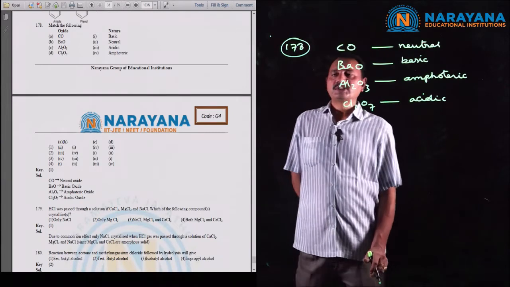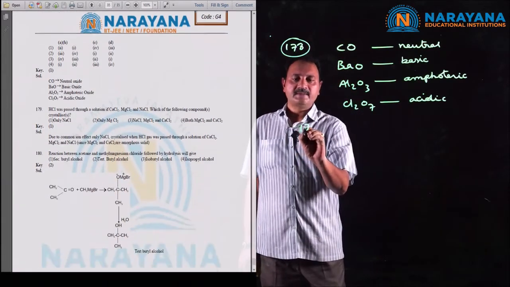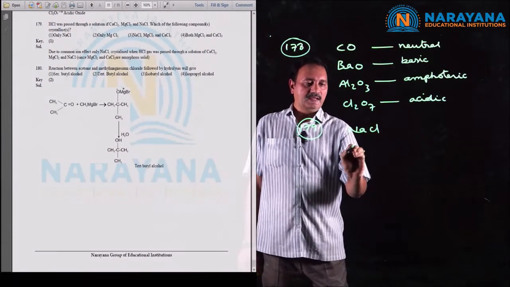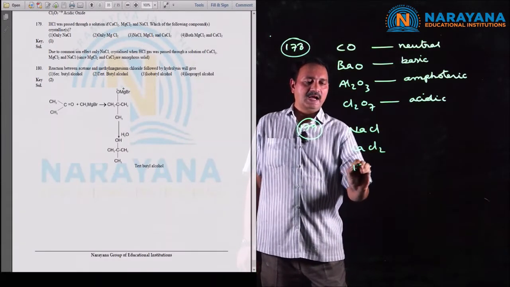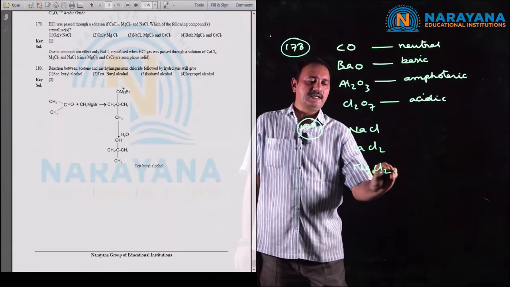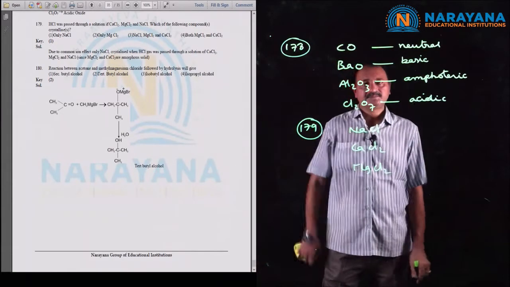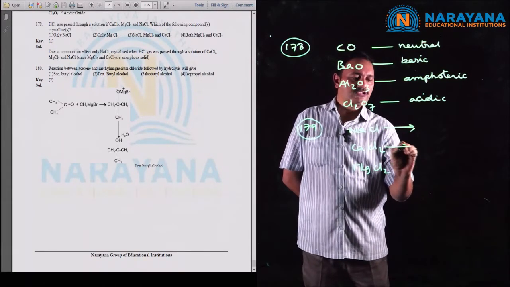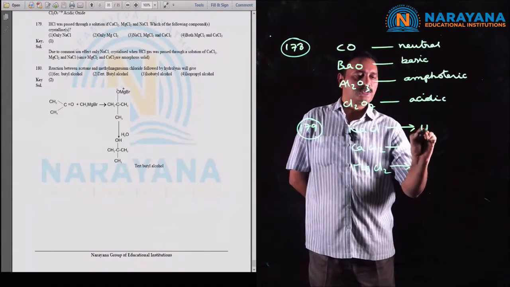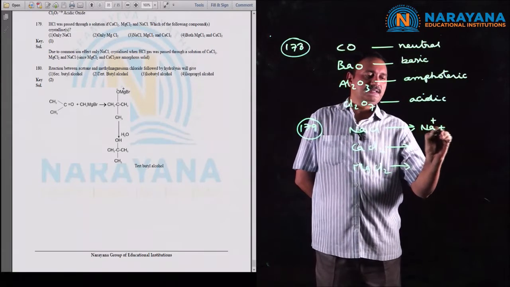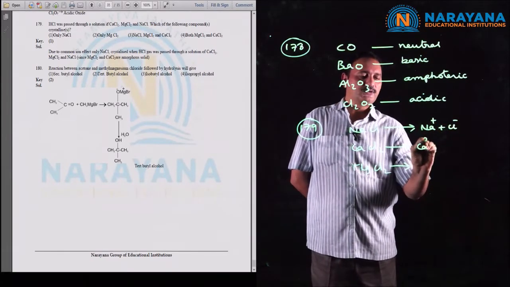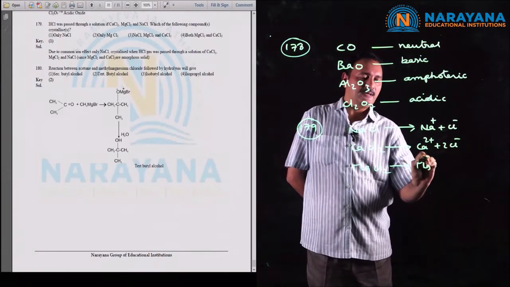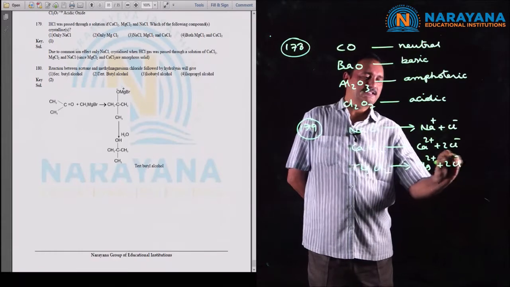Next, question number 179. There is a mixture of sodium chloride, calcium chloride and magnesium chloride. They are present in solution, that is in water. Actually they undergo ionization to produce Na+, Cl-, and Ca2+ and 2Cl-, and Mg2+ and 2Cl-.